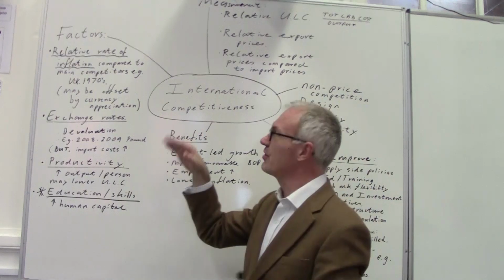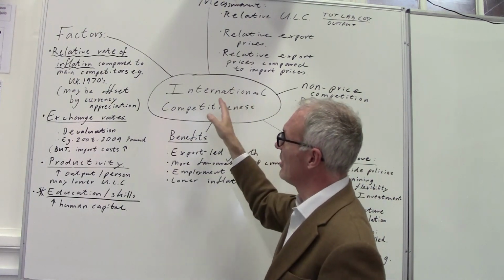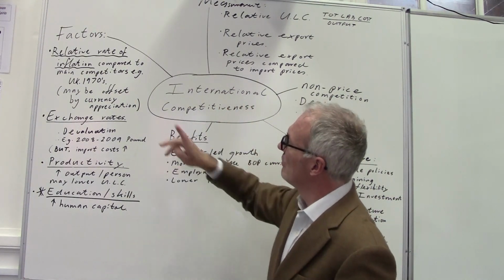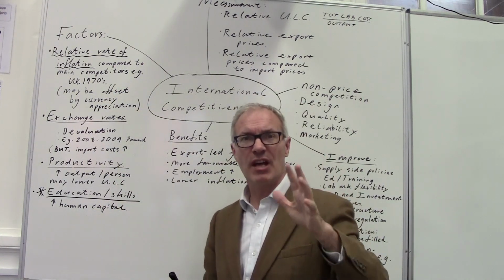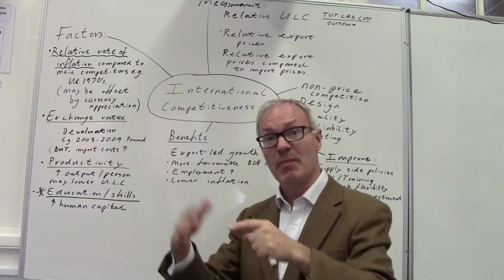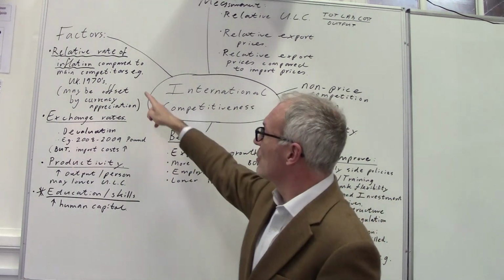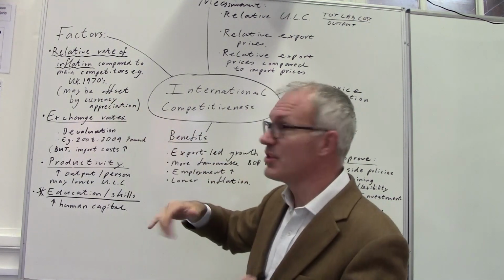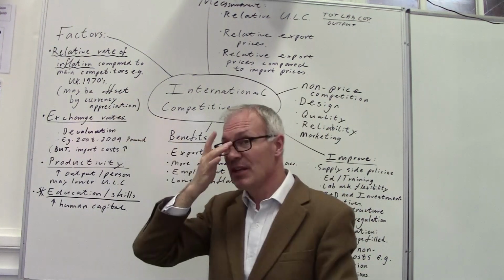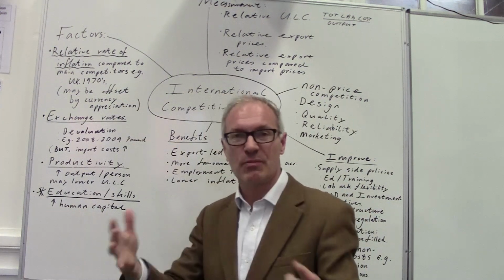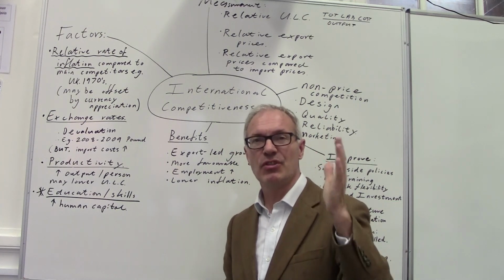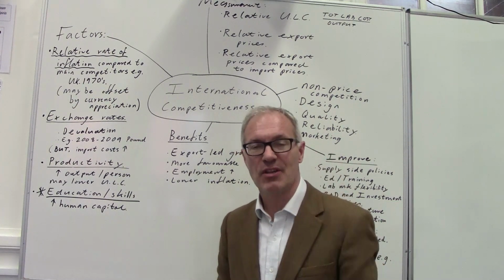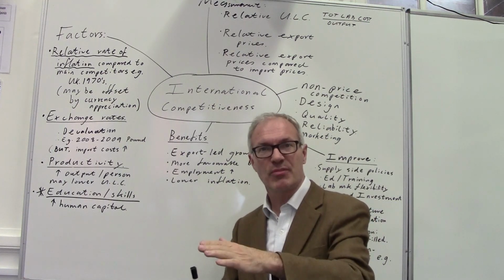Now, what factors determine international competitiveness for a country? Well, first of all, you've got your relative rates of inflation. If you have a relatively higher rate of inflation compared to your main competitors, which of course Britain did in the 1970s, then gradually over time you're going to become less competitive. Say our rate of inflation in the UK was 10%, and say the German rate is 5%.